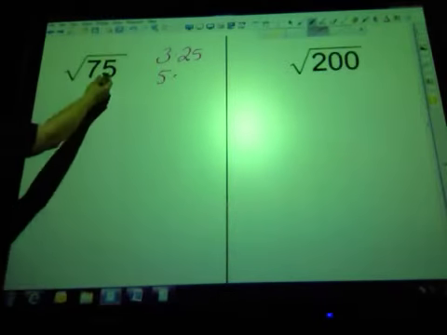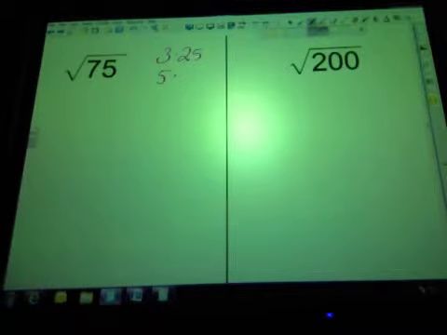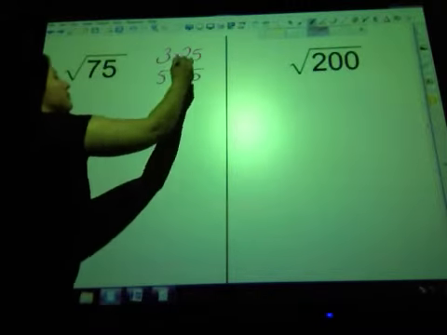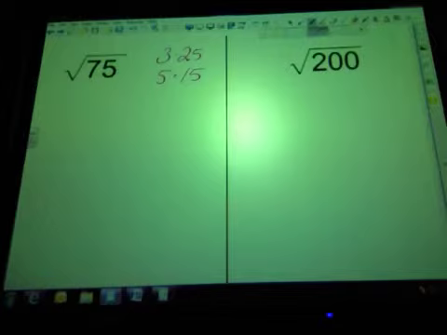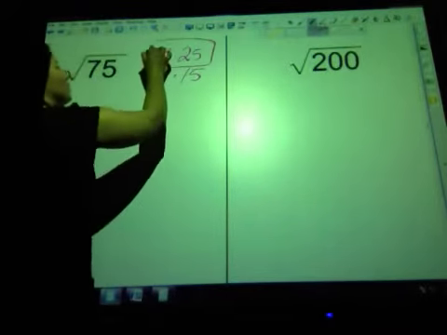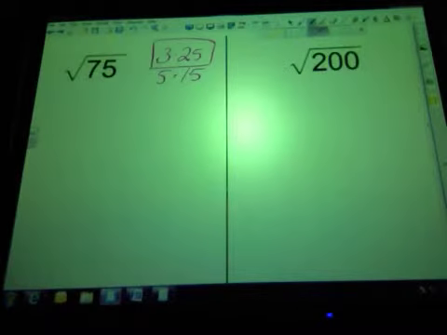It must because it ends in a 5, so 5 times 15? Yeah, 5 times 15, sorry. That's all I got off the top of my head, so I'm going to go ahead and use the 3 times 25. Why did I choose 3 times 25 instead of the 5 times 15 to use?